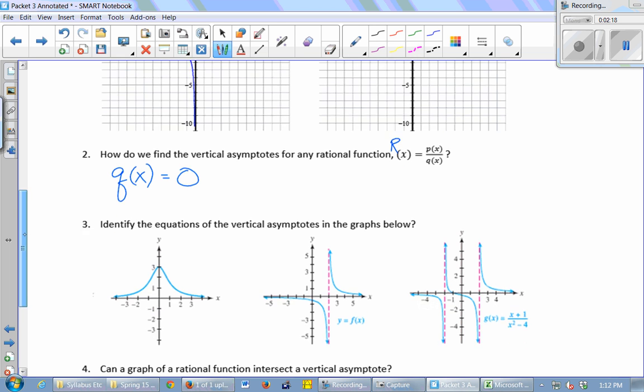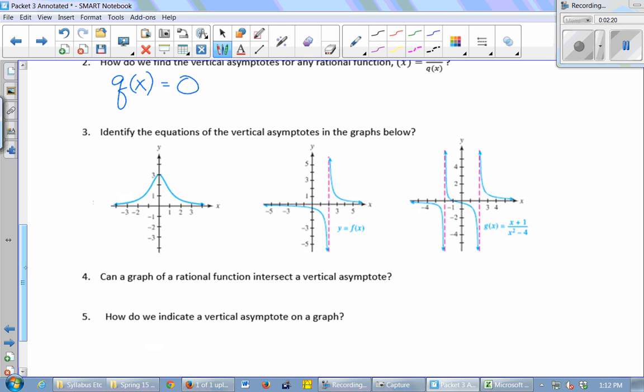All right, now I want to find the equations of the vertical asymptotes in each graph. Okay, so vertical lines that the graph approaches but doesn't touch. This first one doesn't have any vertical asymptotes. The next one, this pink vertical line, what is its equation?